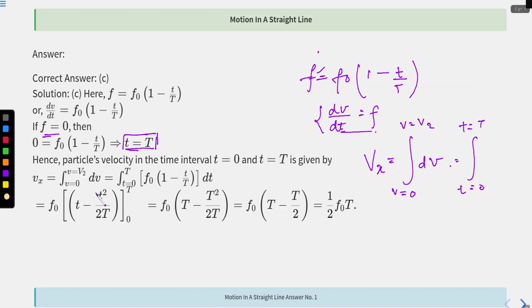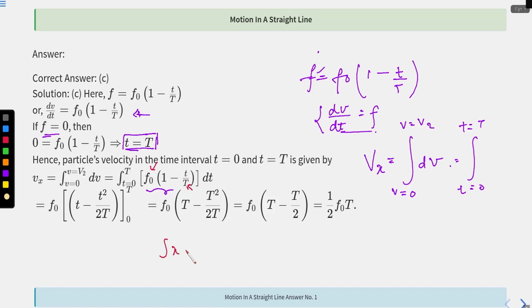And over dv, what you have to write? You just need to replace dv with the equation which we have kept over here, that is what they have given to us. You just have to compute the integral of this specific equation. They have mentioned that f naught and capital T are constants, so you just have to integrate t.